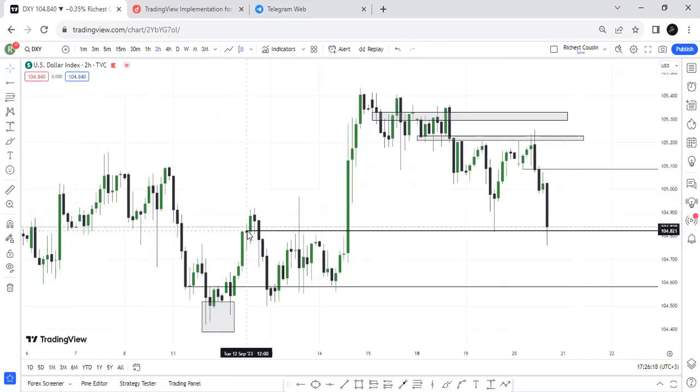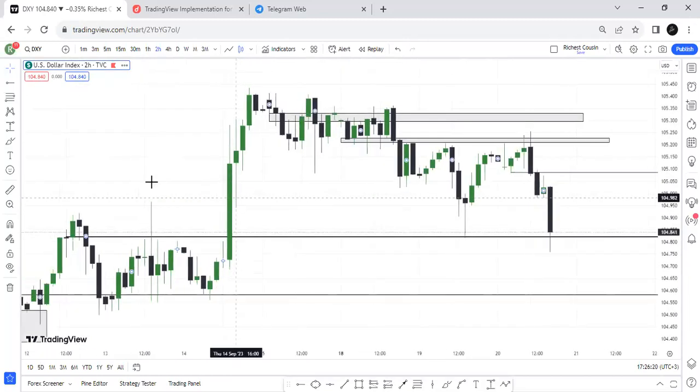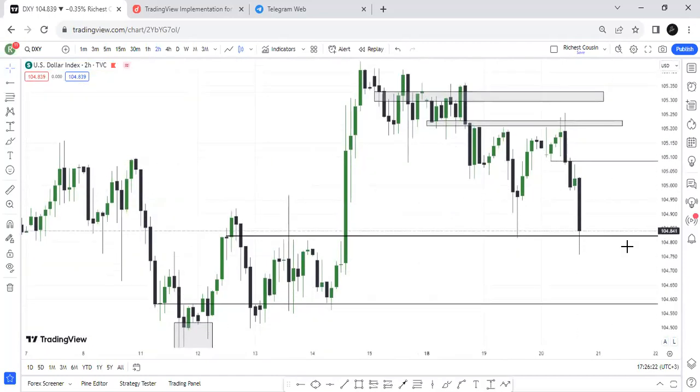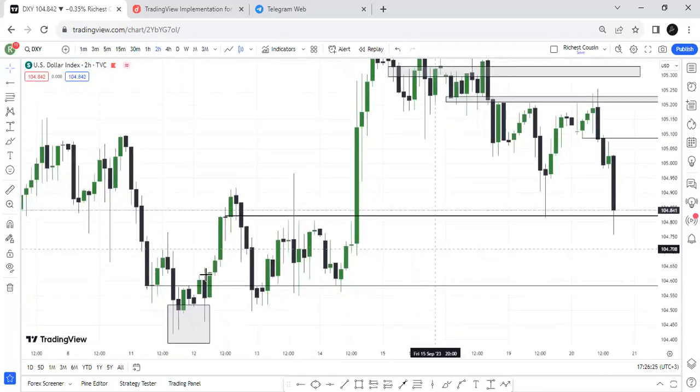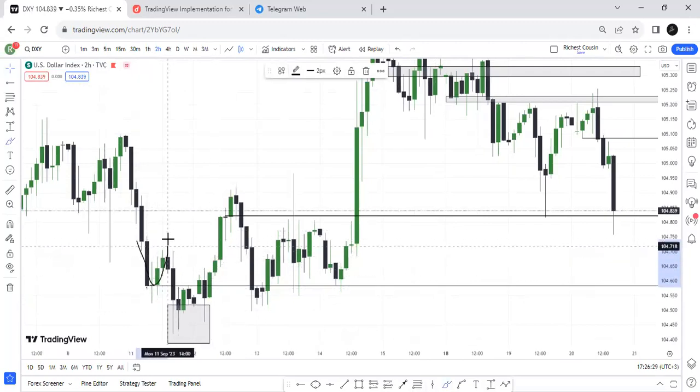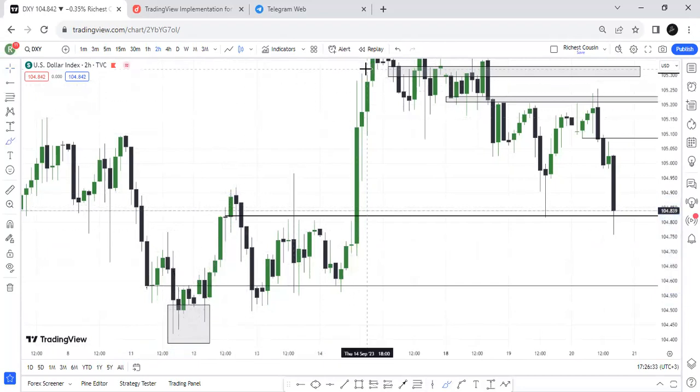Before price moved to the upside, we had everything that we are talking about right here. I will explain everything when we reach it.